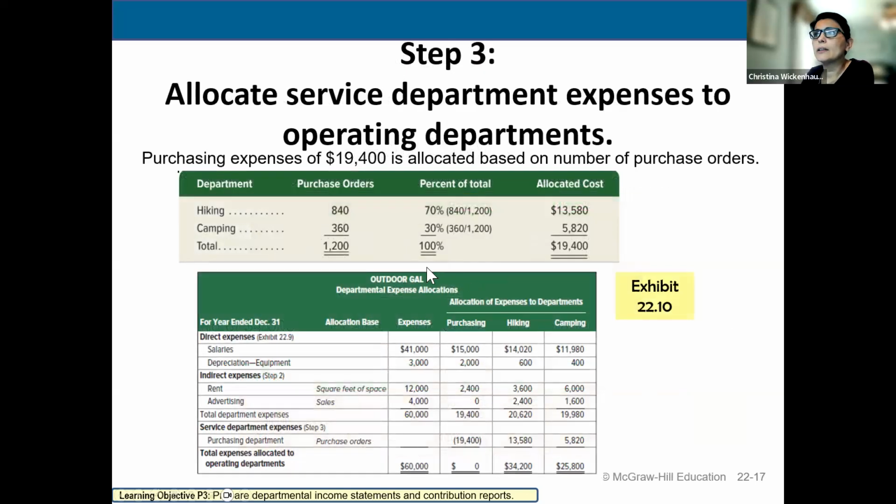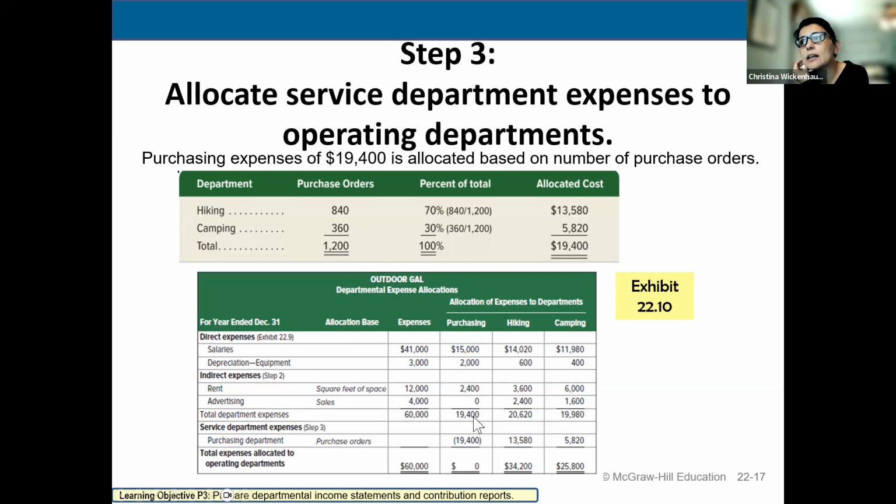So then we can go back to our income statement and put all of our expenses. This is just the expense portion and not the sales portion, so it's like a partial income statement here. So we're going to do direct salaries, and then we have depreciation. And so this total is getting split between these three areas. We have indirect expenses, which we're allocating. And then we have our service department.